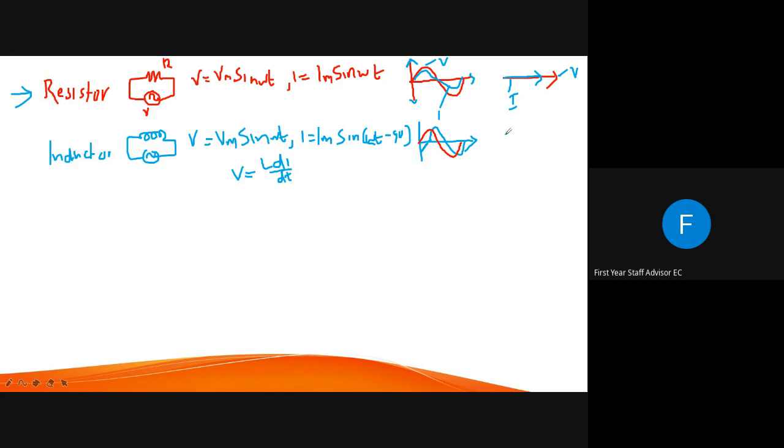So there is a phase difference between voltage and current. Then if I go for a phasor diagram, it is drawn like this. Voltage is leading actually. So this is V and this is I.